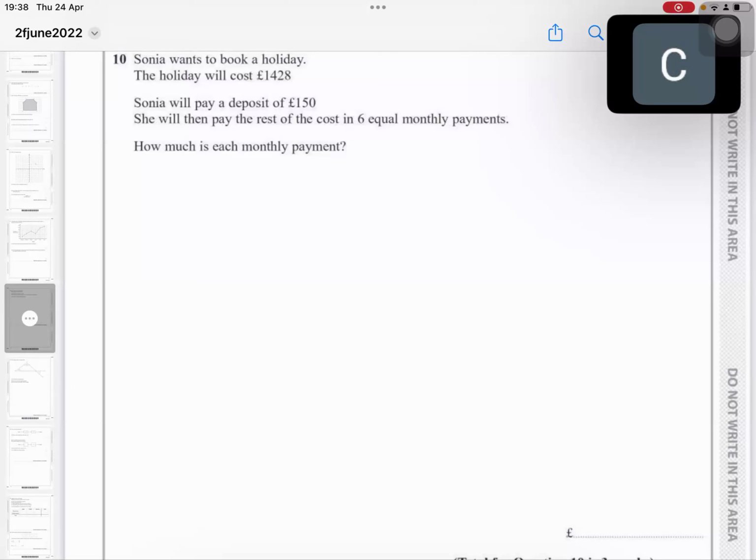Okay. So what are we going to do next? Divided by 6. Exactly. Divided by 6. Yes. To get what each monthly payment would be. Okay. So when you divide that by 6, what did you get? 213. Exactly. All right. Okay. So I think we can move on. That's the answer.